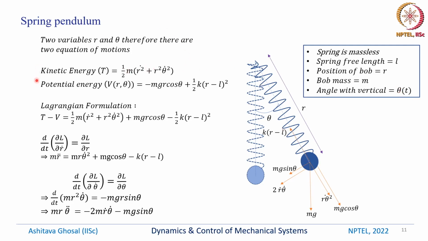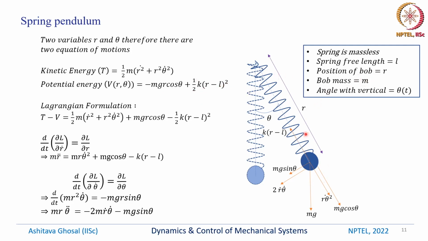The kinetic energy of this bob can now be written as half m times r dot square plus r squared theta dot square. The r dot square is because the bob can go up and down, and it can also have a velocity r theta dot. The potential energy of this system is mg r cos theta, and also the energy stored in the spring, which is half k r minus L whole square.